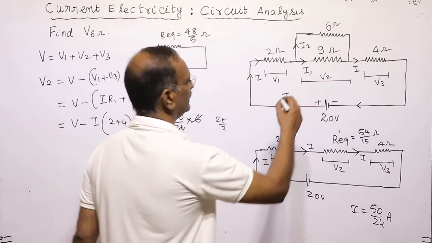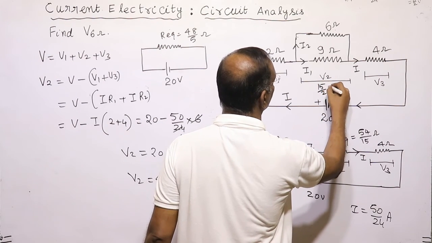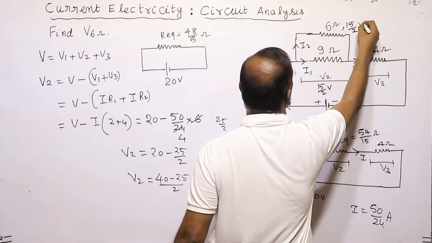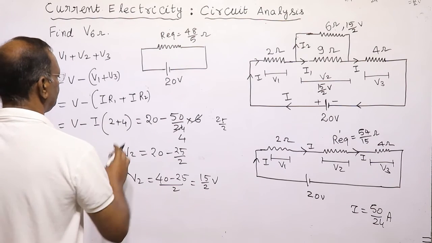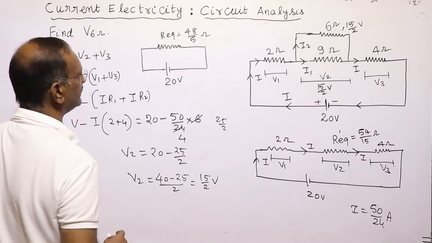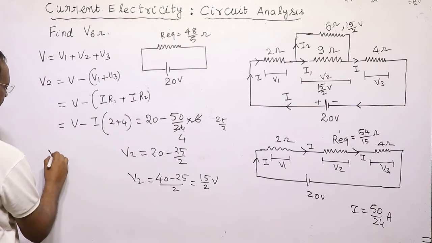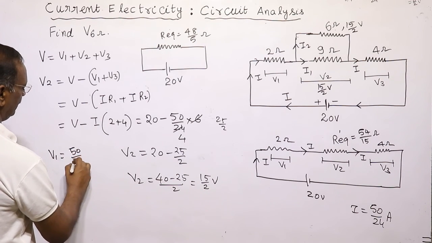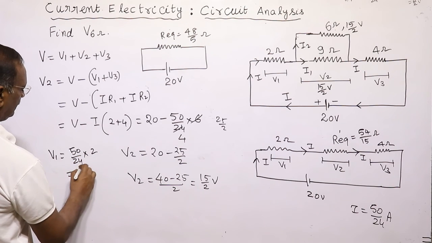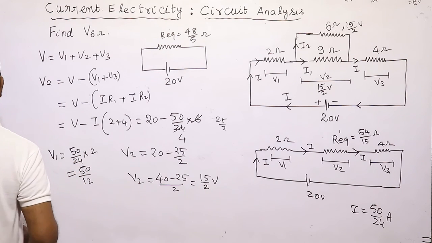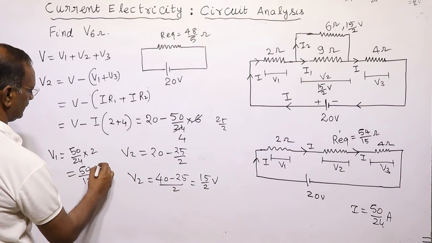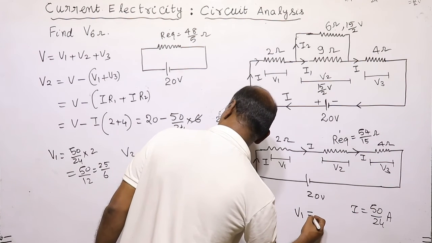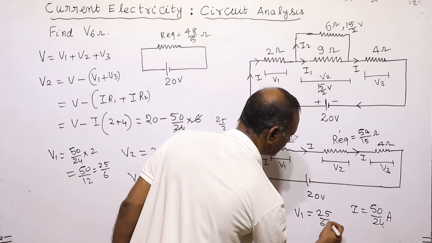It means here 15 divided by 2 volt is applied. The same voltage is also available here, because both are parallel, 15 by 2 volt. Now here what is V1? V1 is equal to current I, 50 by 24, into 2, which is 50 by 12, equal to 25 by 6. So V1 is equal to 25 by 6 volt.